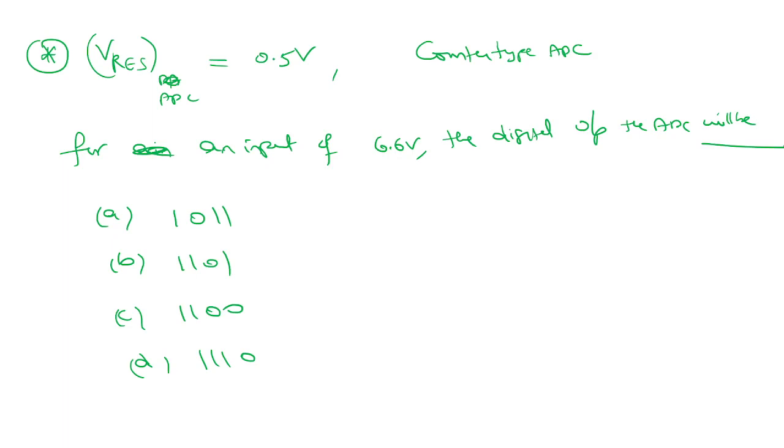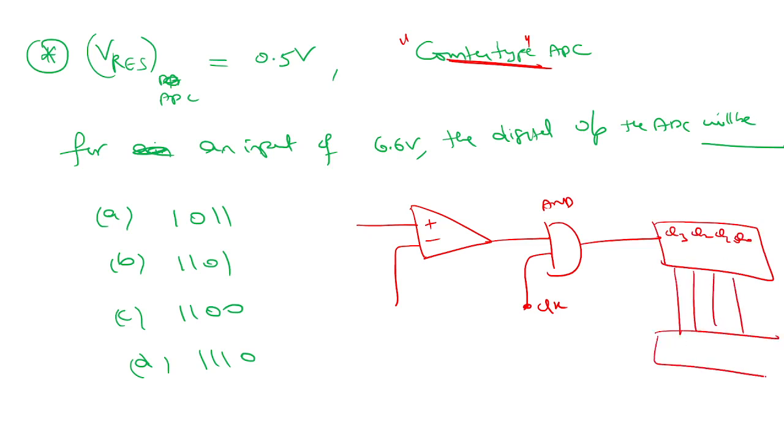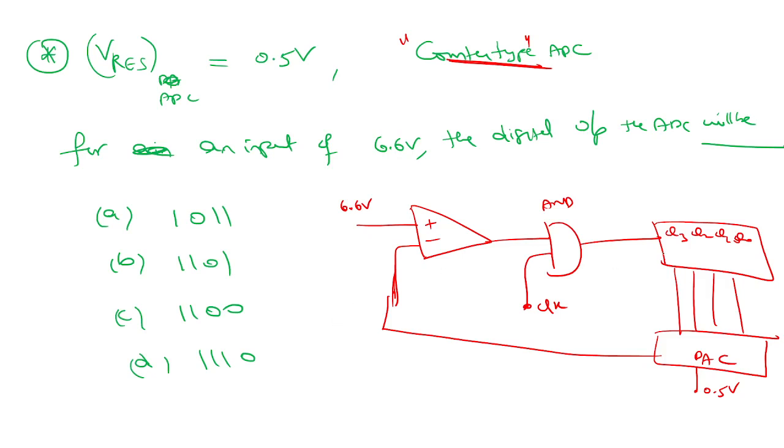So what is the counter here? Like ADC, it is counter type ADC. 0, 0, 0, 0, then 0, 0, 0, 1.